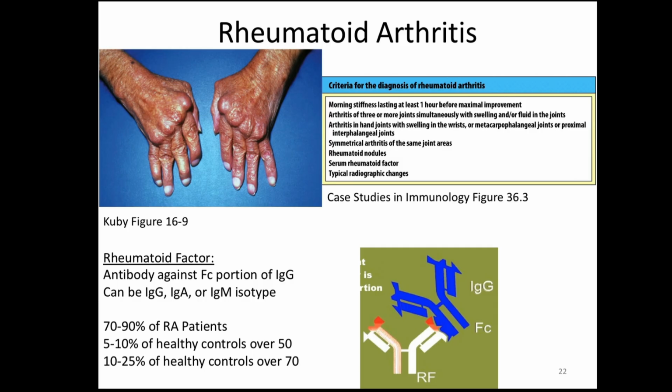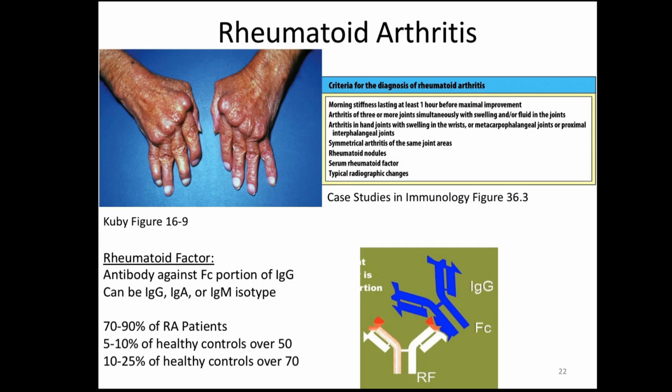The other really famous disease that involves immune complexes is rheumatoid arthritis. In rheumatoid arthritis, patients have a lot of joint stiffness with certain pathology. You can see rheumatoid arthritis pathology at the top. In these patients, we see a particular antibody, which is known as rheumatoid factor.